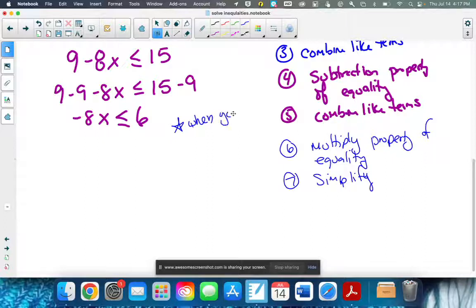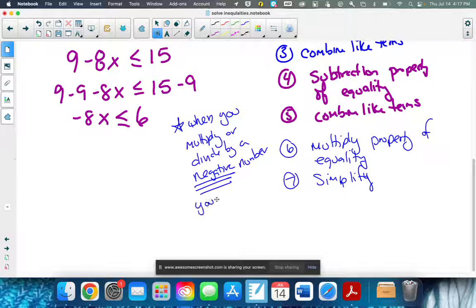When you multiply or divide by a negative number, you must flip the inequality. So basically, if the pointy end is going to the left, the pointy end is now going to go to the right. You have to flip it around.